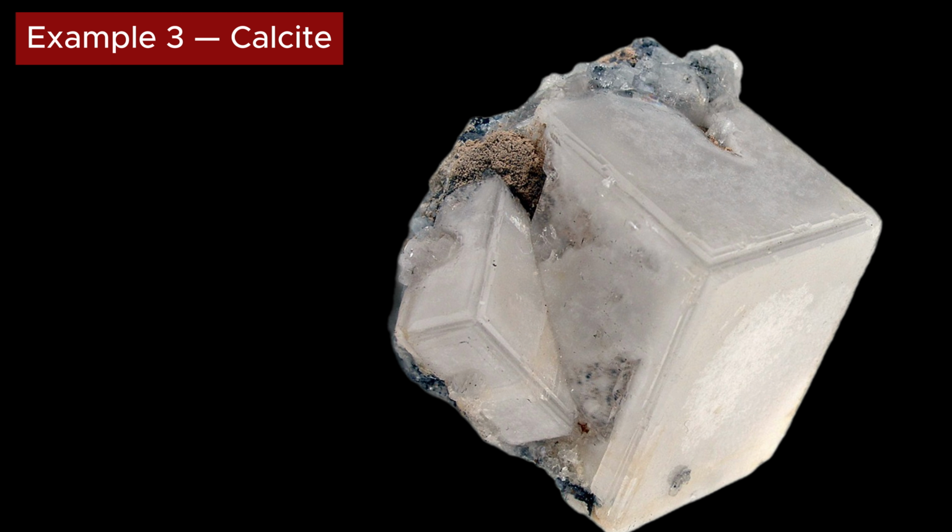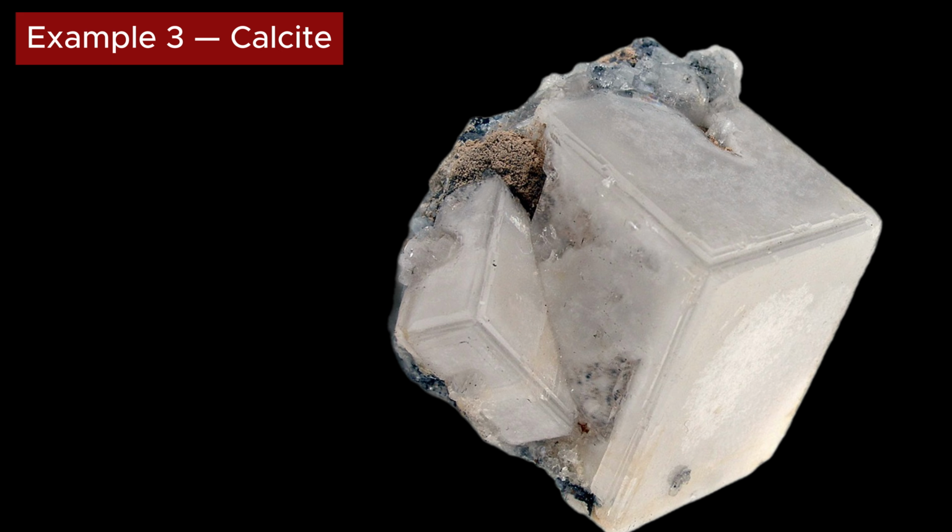The other example is calcite. Calcite has three directions of cleavage that produce characteristic rhombohedral fragments. So, if you break a calcite crystal, you don't normally get flat cubes like feldspar. You get inclined surfaces.